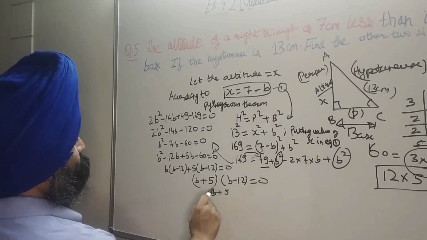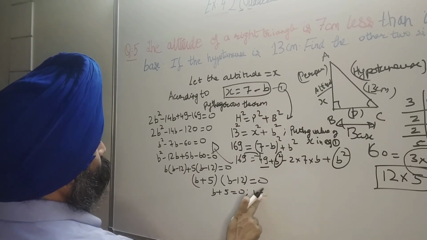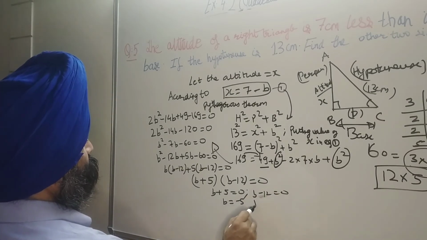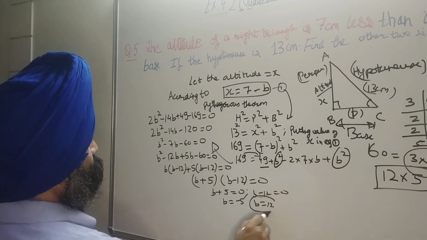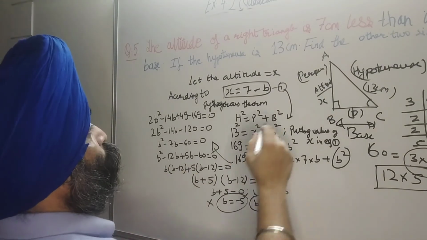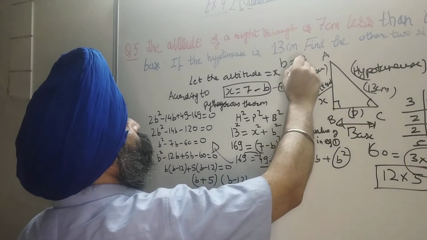So b plus 5 equal to 0, b minus 12 equal to 0. So b is equal to minus 5, b is equal to 12. So b is equal to 12 हम ले लेते हैं, माइनस में नहीं आएगा ना, माइनस में नहीं आता है. So b is equal to 12. We get b is equal to 12.